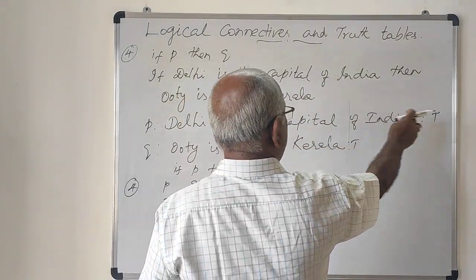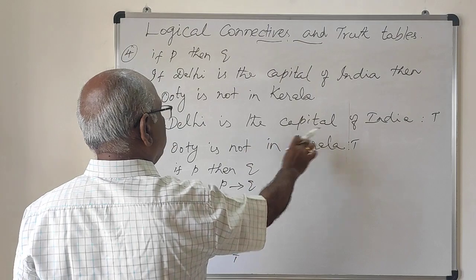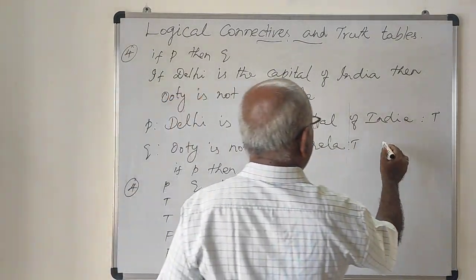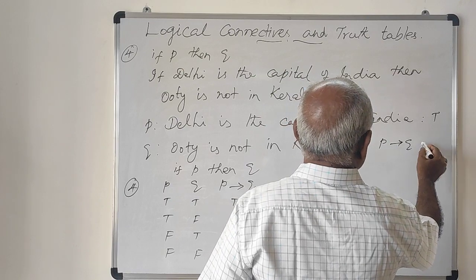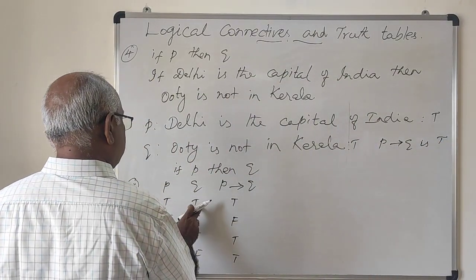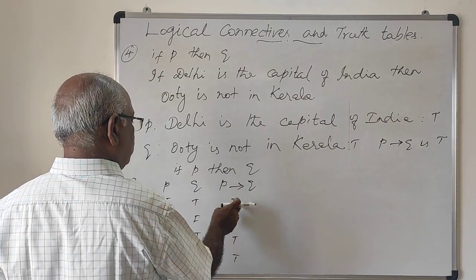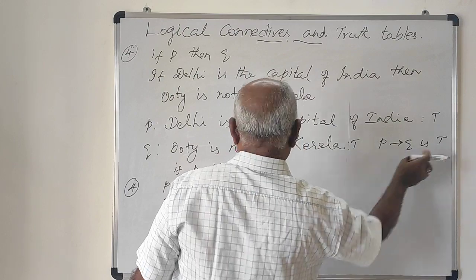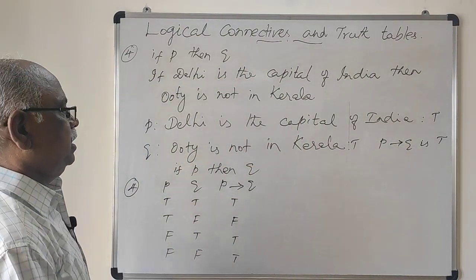Delhi is the capital of India is true. Ooty is not in Kerala is also true. So both are true. Therefore, P tends to Q is T. If P then Q is also T, because P is true, Q is also true. Like that you have to consider.